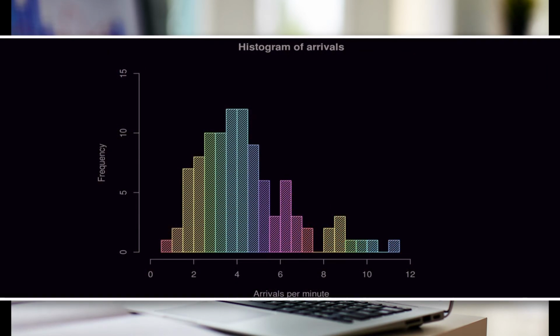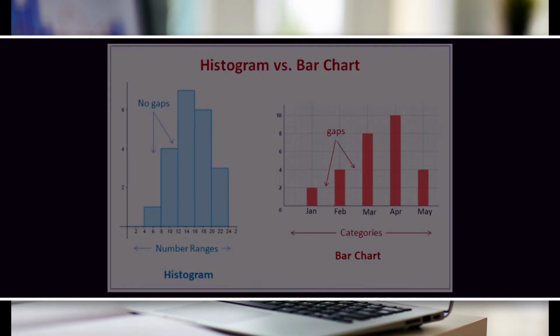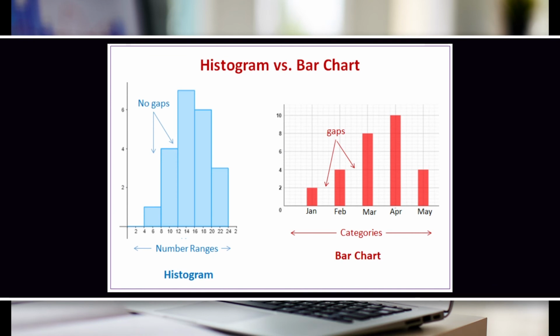If you look at this particular image, you will find how the histogram arrivals are there. The frequency is on one axis and arrivals on the other, and then we have plotted the histograms. This is another way of explaining the histogram, the distribution of randomly generated numbers, where we have seen how the histogram is created.